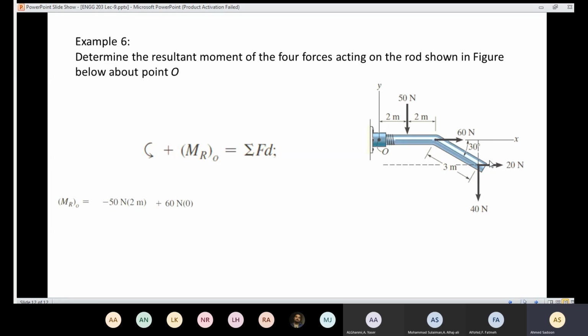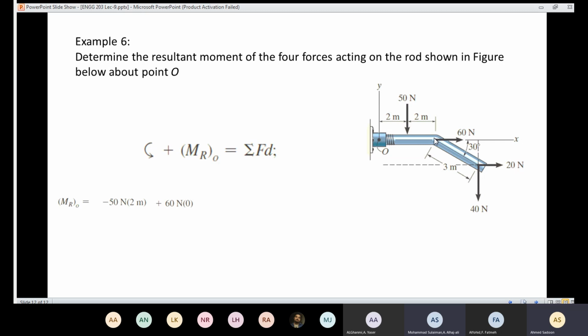deal with 20. I have the force 20 acting at that point, I need to know the perpendicular distance for that. I'm going to draw the line of action, and I'm going to draw the perpendicular distance. So in that case, the perpendicular distance is going to be how much? 3. Remember, 3 is that distance here.